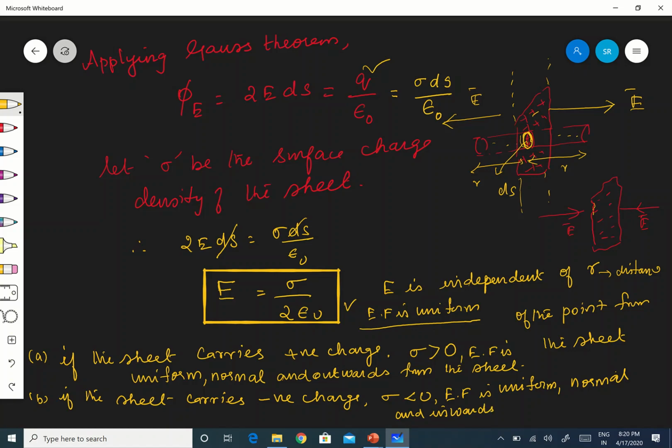And inwards means it is towards the sheet.